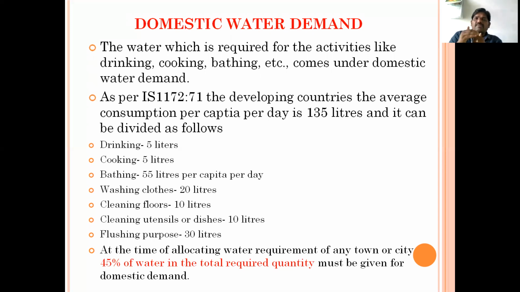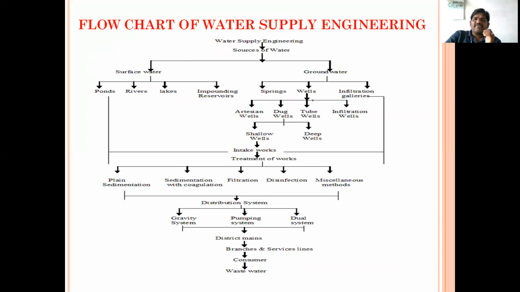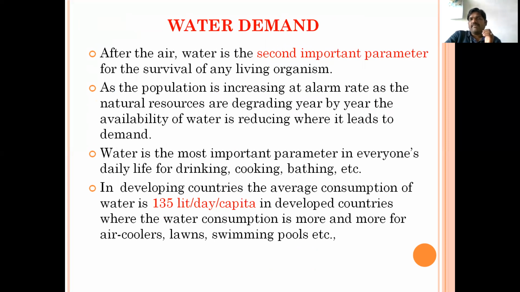Once the water is being supplied through the public water supply system, all these parameters have to be considered. Here we have seen the flow chart of the water supply system and various types of water demand.